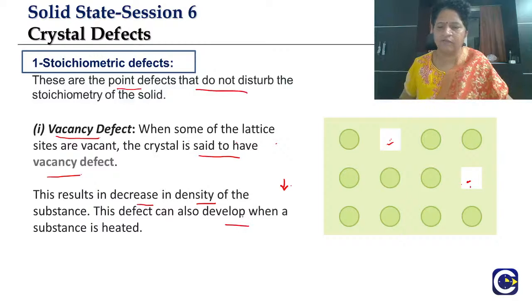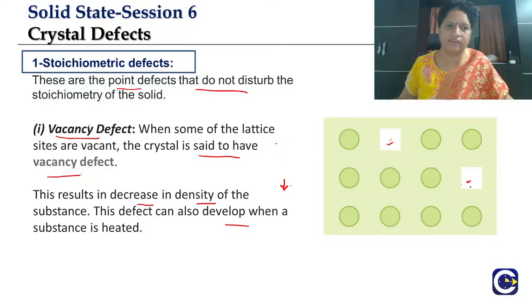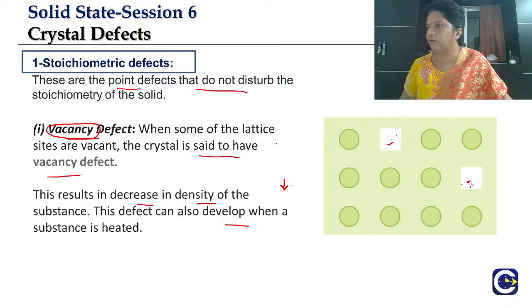So when will we get this? These defects might happen when you either heat the substance or when you are cooling it, if you are not doing it properly. Vacancy defect, as the name indicates, there might be vacancy at certain lattice points. Because of the vacancies, we are having a lot of empty volume.